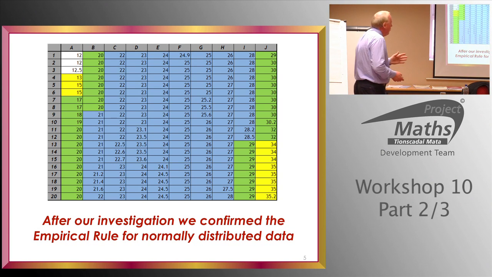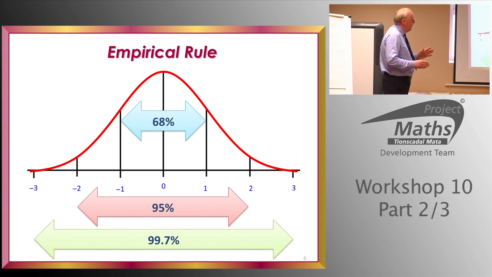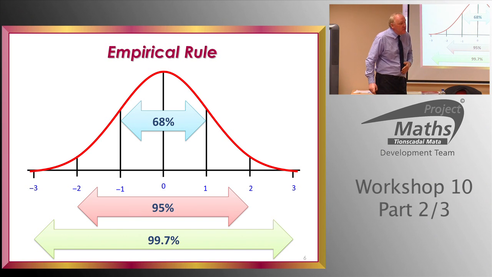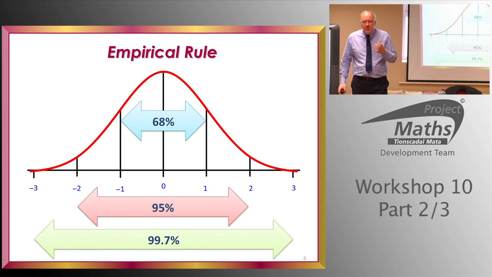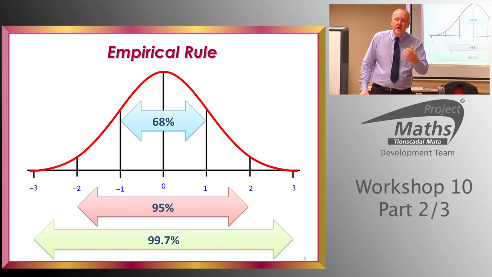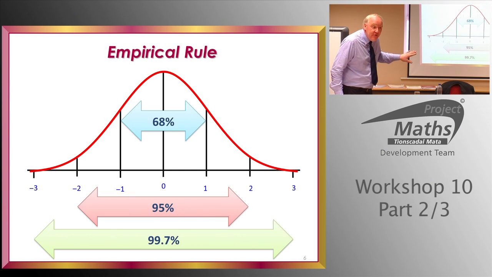It is also known as the 68, 95, 99.7 rule, because 68% of normally distributed data is within one standard deviation of the mean, 95% within two, and 99.7% within three standard deviations of the mean, okay? So they need to engage with and be familiar with the empirical rule at ordinary level as well as higher, okay? Is that okay for us now?